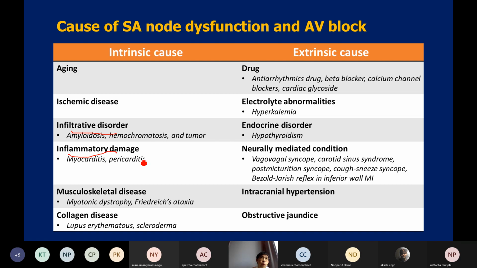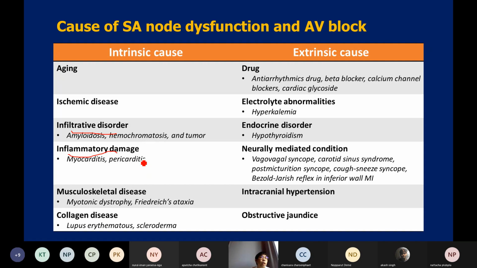So you suspect that there might be a cause for this patient to have bradycardia, and you go ahead to do some kind of test like an echocardiogram, and you see that the patient's LV systolic function is not good. So you suspect that this patient might have myocarditis or some kind of inflammatory myocardial disease.